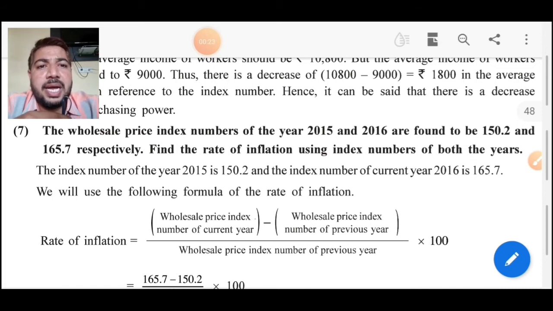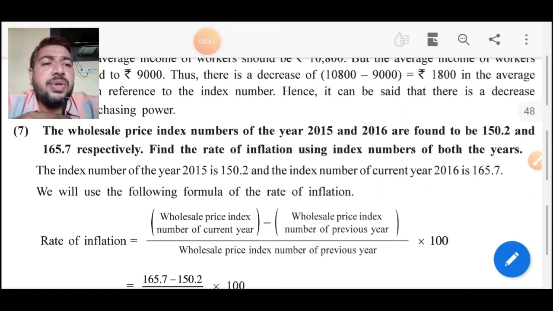Among them I had given one formula as rate of inflation: wholesale price index number of current year minus wholesale price index number of preceding year, divided by wholesale price index number of preceding year, multiplied by 100.